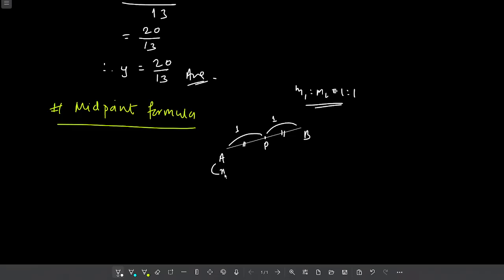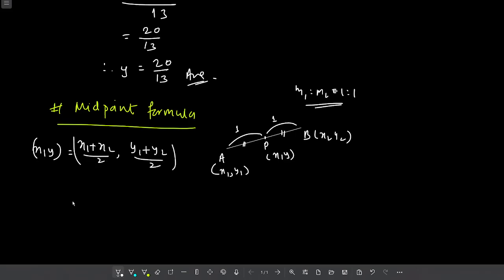Now, if A is assumed as x1, y1, B as x2, y2, and point P as x comma y, then we can say x comma y is equal to x1 plus x2 over 2 comma y1 plus y2 over 2. This is the formula.